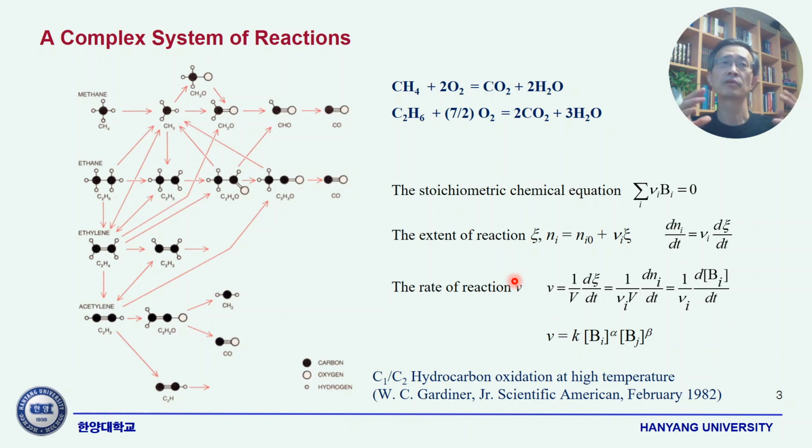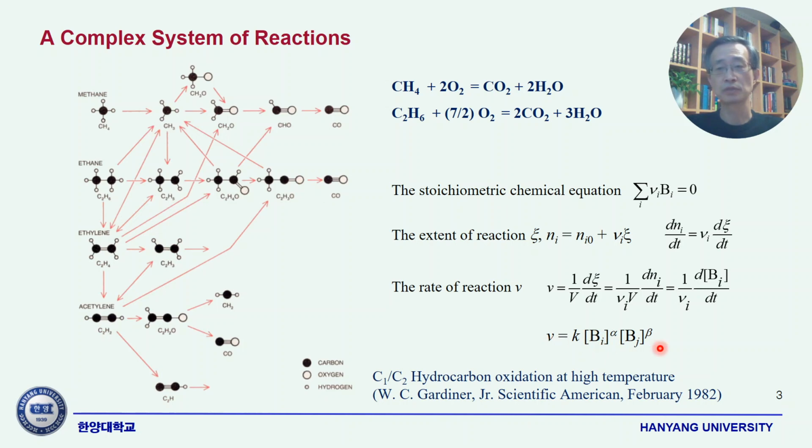And then the rate law, or differential rate law, states that the rate itself is a function of concentration. The dependency on the concentration is expressed by the order of the reaction. In this case, there are two species here, Bi and Bj.